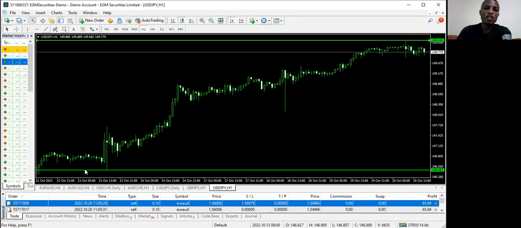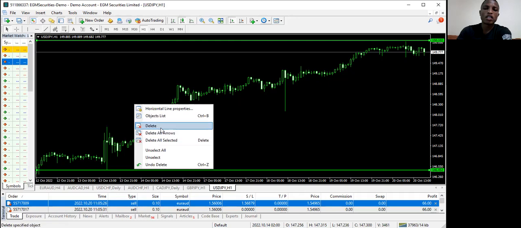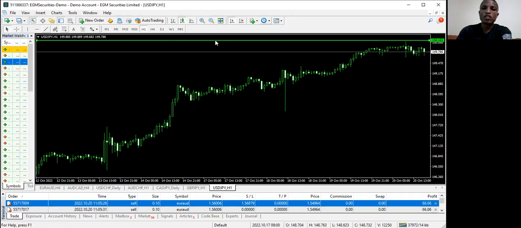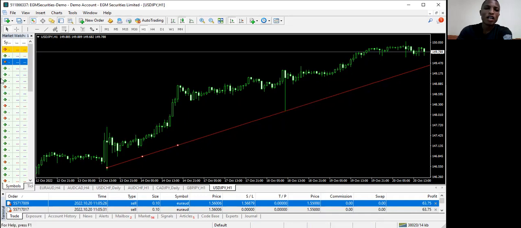I work smart by installing it right away in my trading account, instead of trying to pull out a trend line like this because the market is trending to the upside.